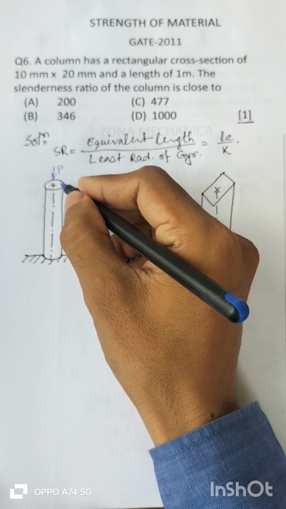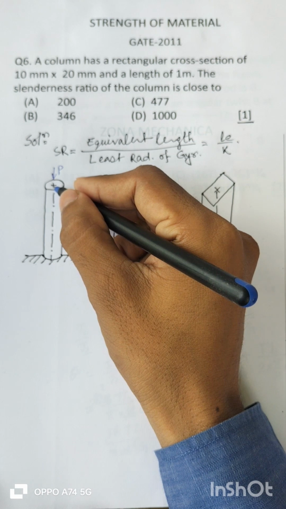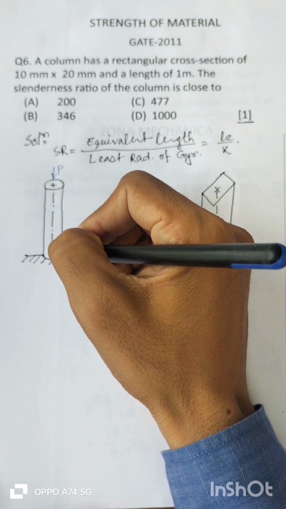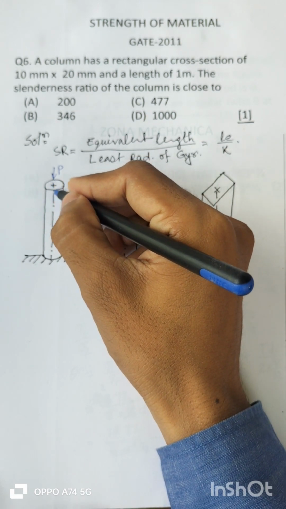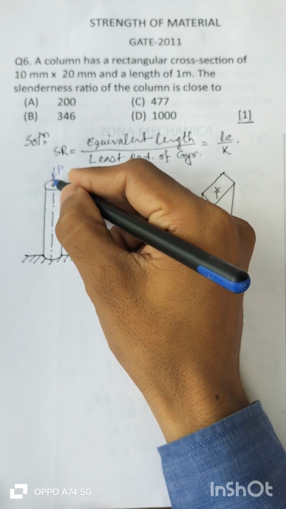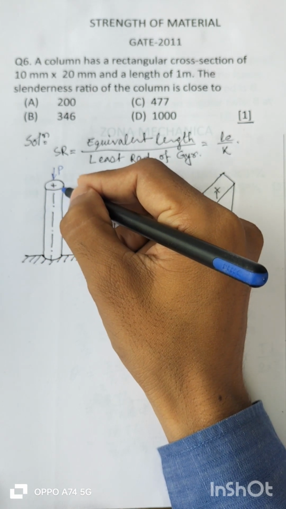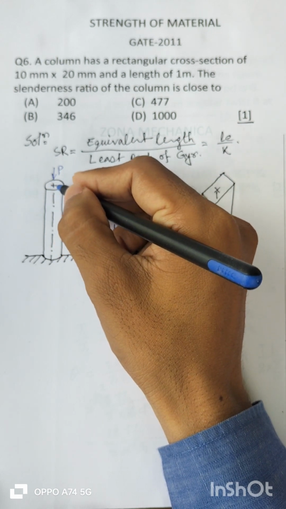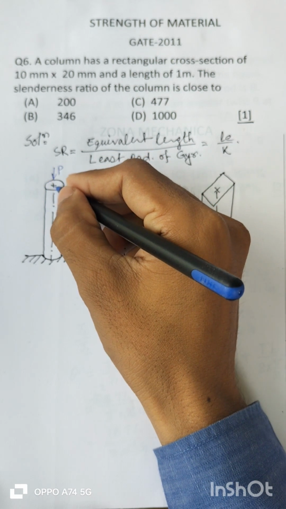Since this is a circular cross section, that is the column is cylindrical and the material is homogeneous, all the directions are equally strong from the axis of the column. In all the directions the column is equally strong, so it may buckle in any direction.